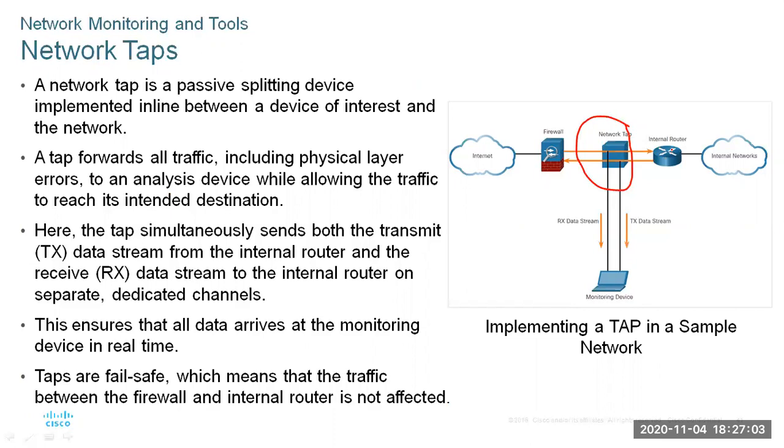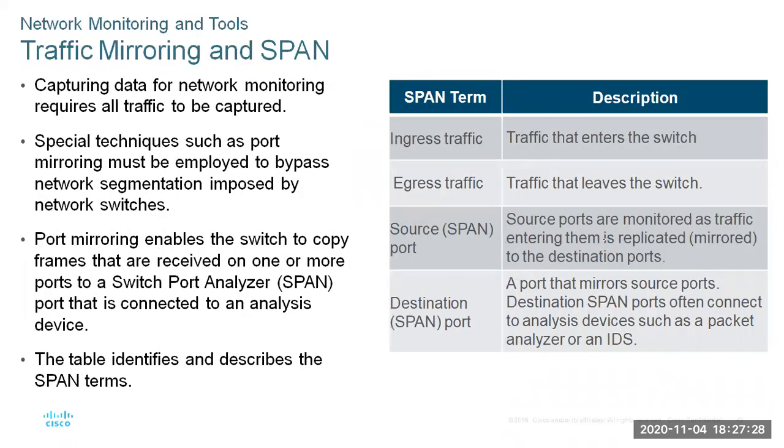So this router is connected to this firewall, all right, but there is a tap in between. What the tap does is that it collects all traffic coming from the router and from the firewall, and then it sends it to a monitoring device that does the analysis. All right, both transmitting and receiving.